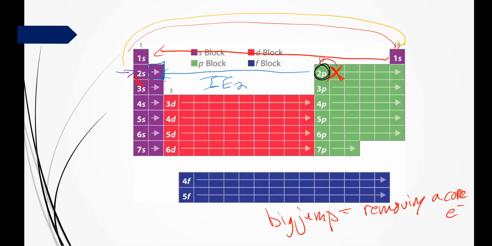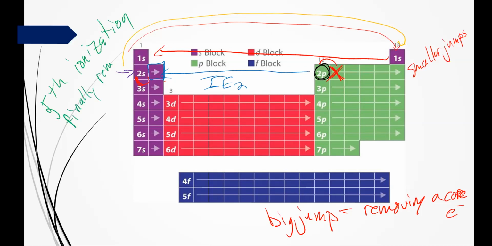And all of those will be smaller jumps compared to when we finally do this last transition here. And the reason for that is that on that 5th transition, that 5th ionization, I guess it would be the right term for it, we finally remove a core electron.